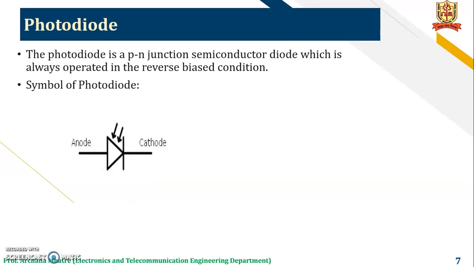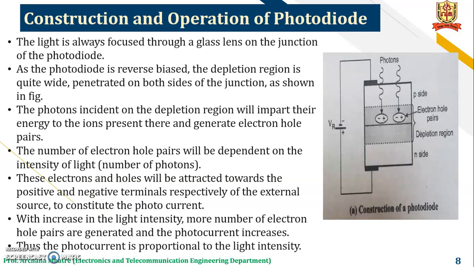Now next is the photodiode. The photodiode is a p-n junction semiconductor diode which is always operated in the reverse bias condition. Now this is the symbol of photodiode. Construction and operation of photodiode. The light is always focused through a glass lens on the junction of the photodiode.